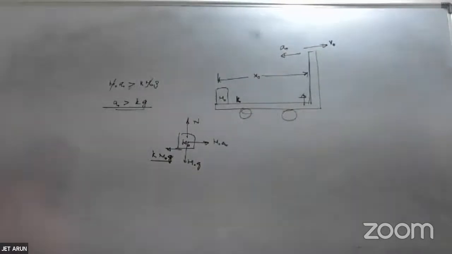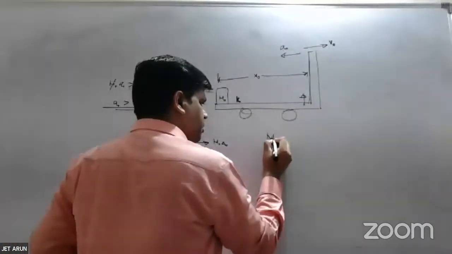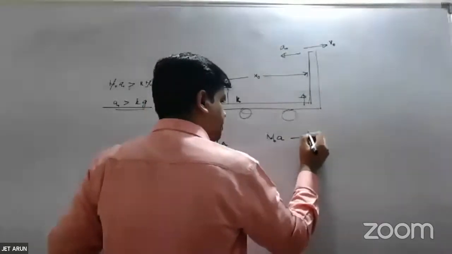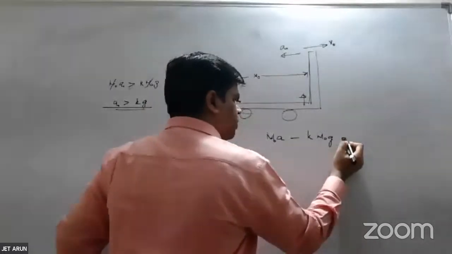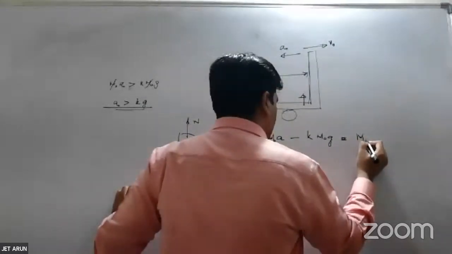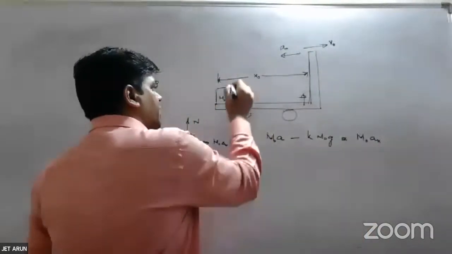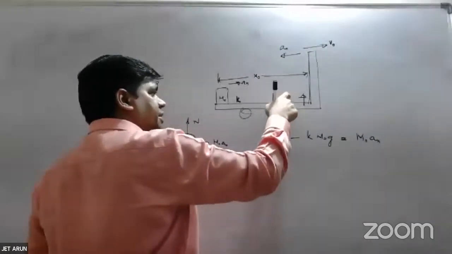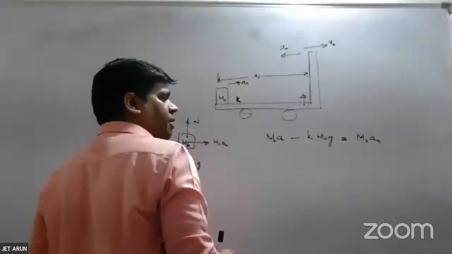All right. Now, what is the net force on the block? m naught a naught minus mu m naught g is equal to m naught times a relative, ax. Now, a naught is the retardation of the truck. ax is the acceleration of the block with respect to the truck.